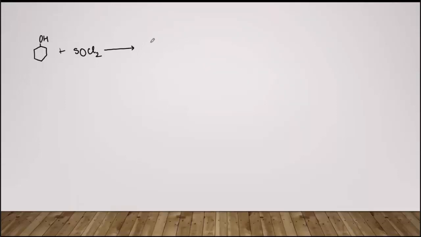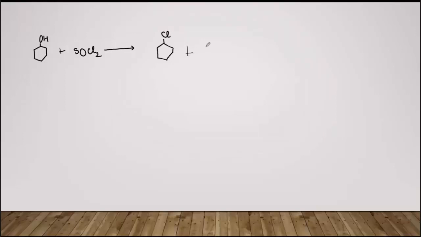Again, we know that whenever alcohols react with thionyl chloride, they will always yield the chloride. This Cl from here will go and join over there. So our product would be the ring, the ring would be the same, and this OH group would be replaced by this Cl.